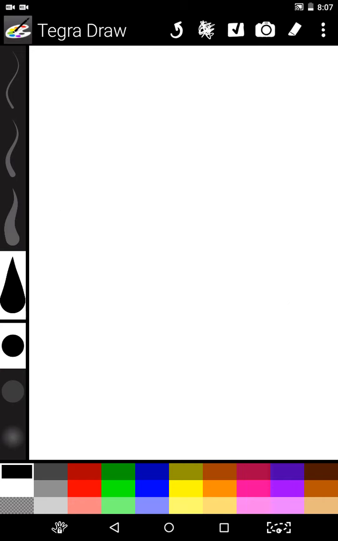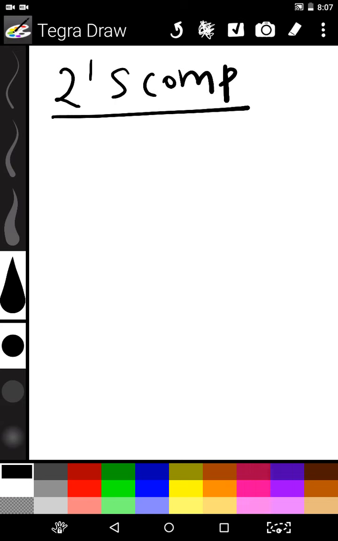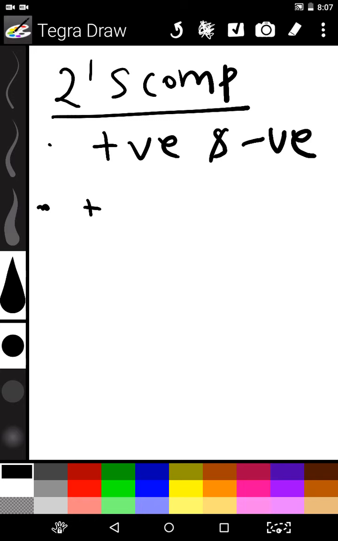Now we will go for the 2s complement representation. As usual, 2s complement is used for both positive and negative numbers. For a positive number, the MSB bit will be 0 and the rest is as normal.